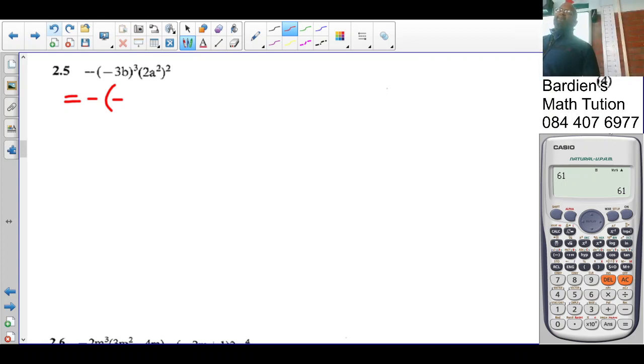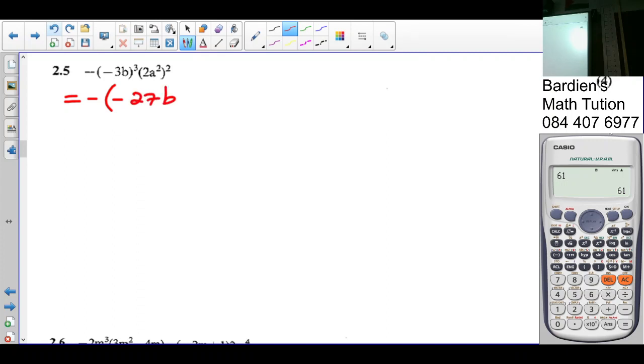Negative. Why? Odd. If it had been even, it would have been positive. Okay. So what is 3 cubed? 27. b to the exponent 3. Times. The brackets stand for multiplication, not so? What is 2 squared? 4. a to the exponent 4. So what's negative times positive? Negative times negative? Positive times positive? Positive.